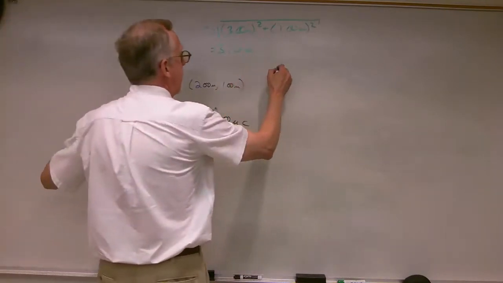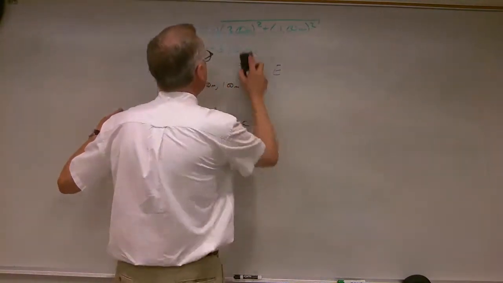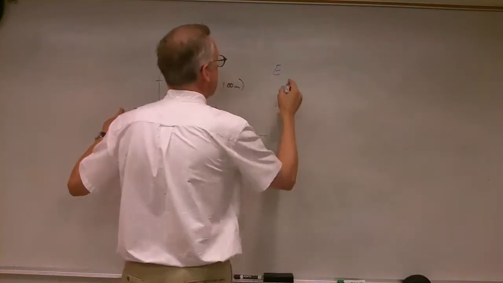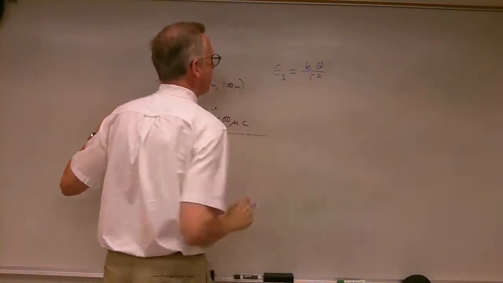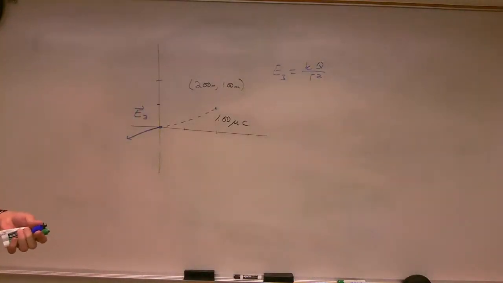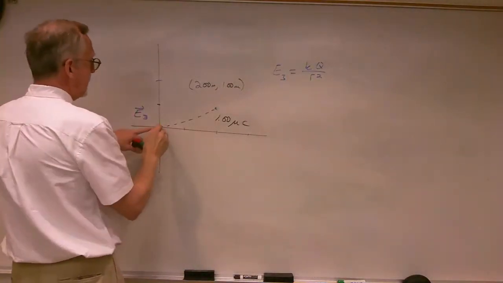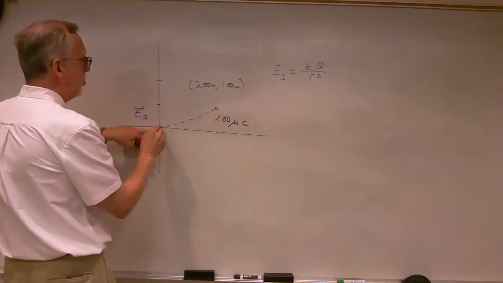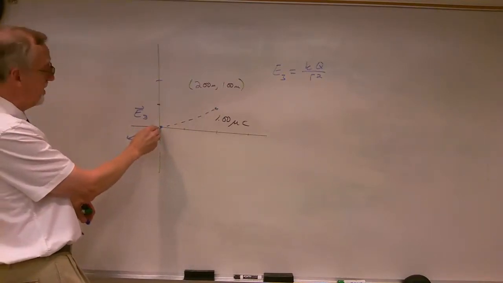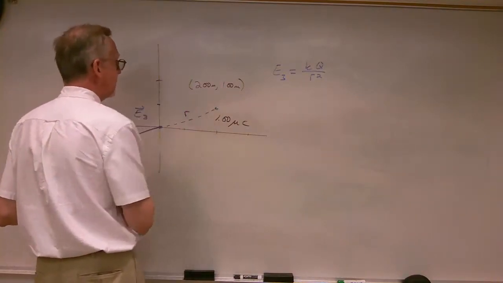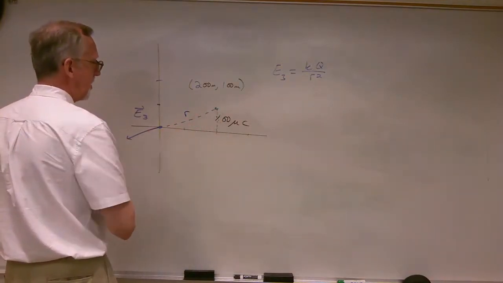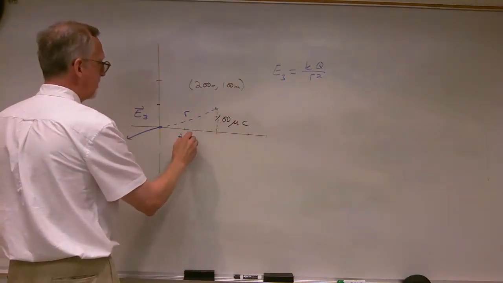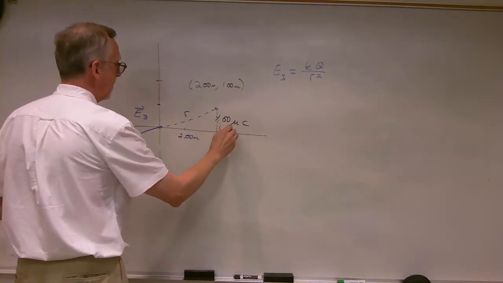Again, let's figure out what's the magnitude. E3 is going to be KQ over R squared. Again, we're going to have a different value for R. R, the distance from the charge to the point at which we're calculating the electric field, is going to be this distance here. Again, we'll use Pythagoras. We've got a right triangle with a side of 2 meters and 1 meter.